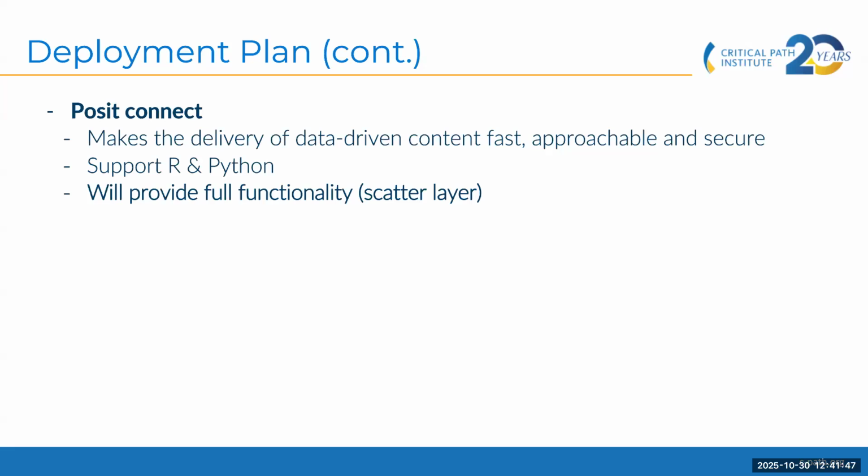However, at a later time, we will be deploying this on Posit Connect, which is another platform that allows for these data content GUIs in a secure fashion. And for that version, we will be able to provide full functionality. In other words, there will be a tick box that allows you to show or hide the scatter dots if you would like. That option would be available.